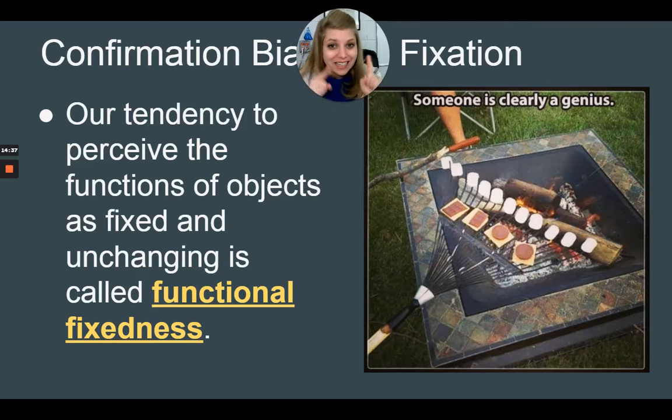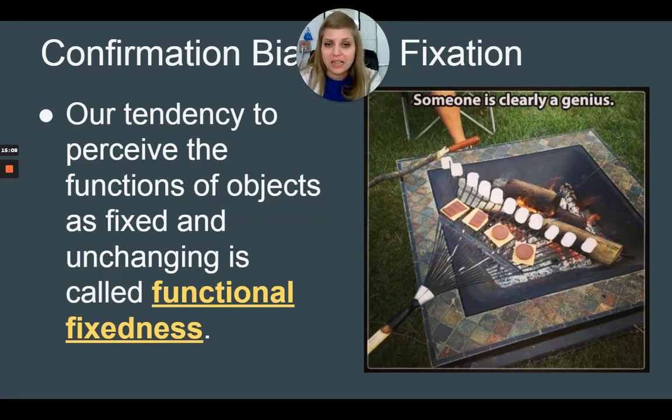Divergent thinking is something like this right here. This is a rake. Hopefully it's clean, right? But if you find yourself in a campfire situation and you want to make s'mores, and lo and behold, there's nothing that you can use to cook your s'mores with, but you have this rake. If you see a rake as only being a tool for picking up leaves, you are experiencing functional fixedness.